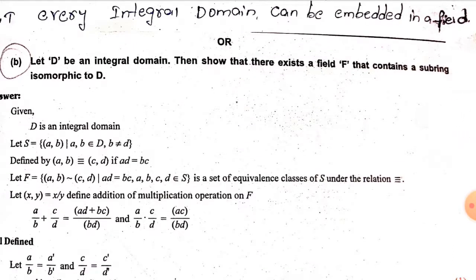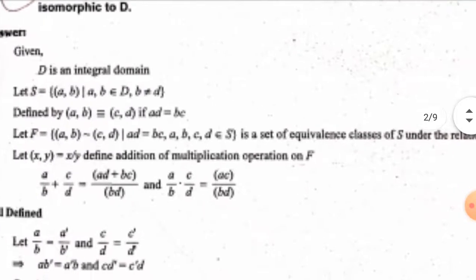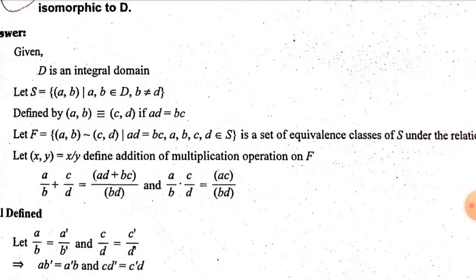Taking D as an integral domain and taking a set S equals (a, b) such that a, b belong to D, and taking an equivalence condition, let F equal (a, b) equivalent to (c, d) such that ad equals bc, a set of equivalence classes.